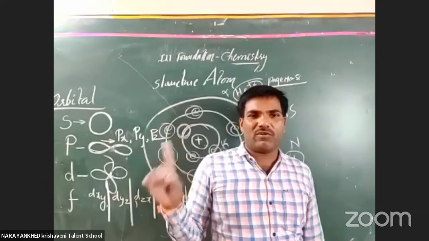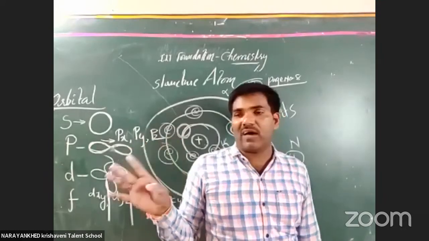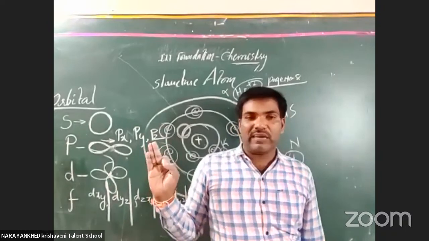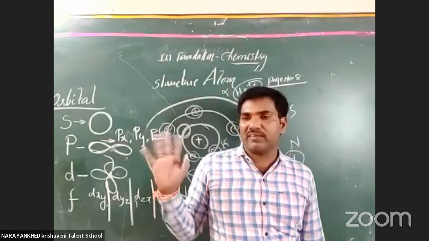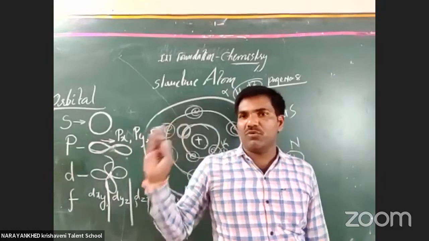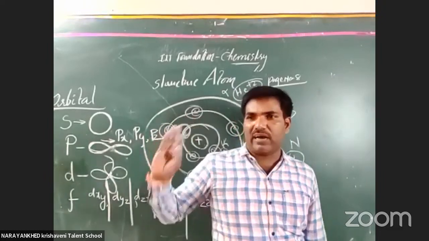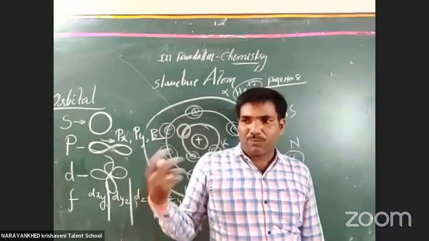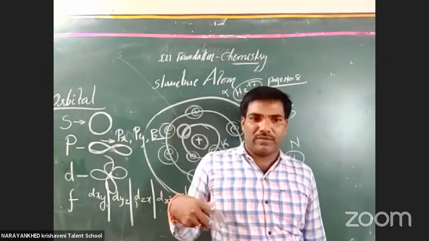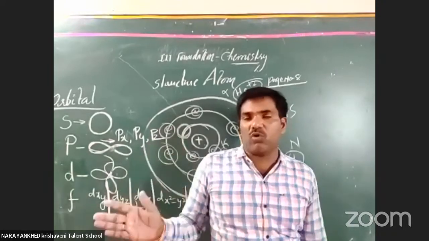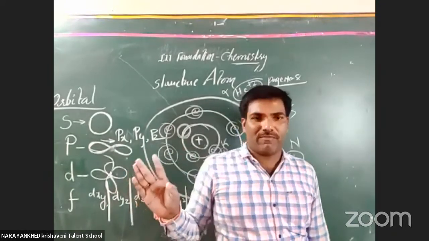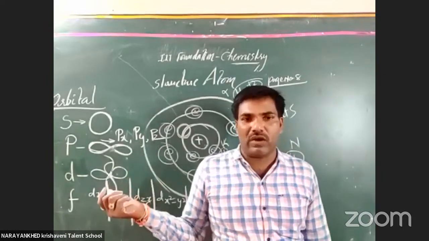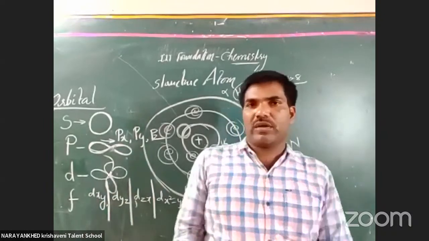Hydrogen is 1, helium is 2, like that up to zinc, the 30th element. You should know all the element names, and the atomic particles contained inside them: how many electrons, how many protons, how many neutrons. You should write them in your notes in tabular form, because it is very important for our further lessons. Got it? Thank you. Go to your class.